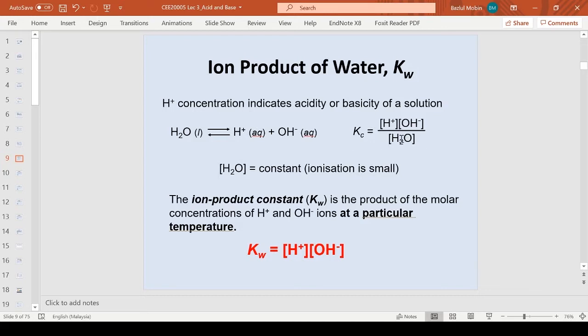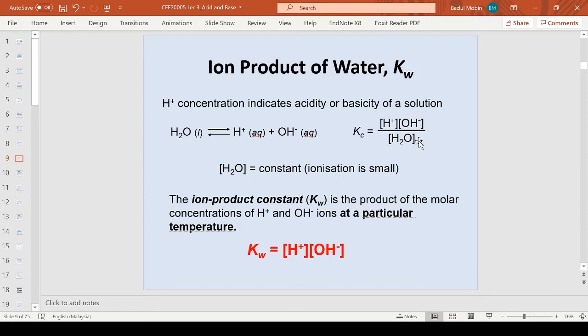And since we already have discussed that H2O does not dissociate appreciably, only a very small amount dissociates, we can consider the H2O as almost 100%, or 1.